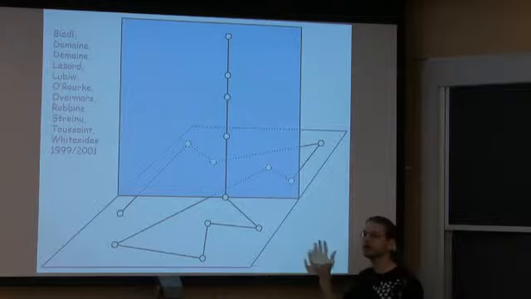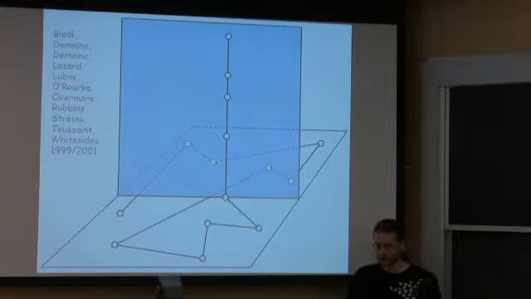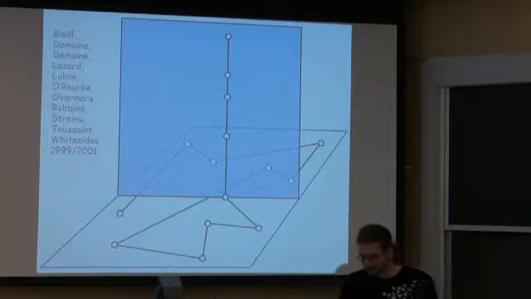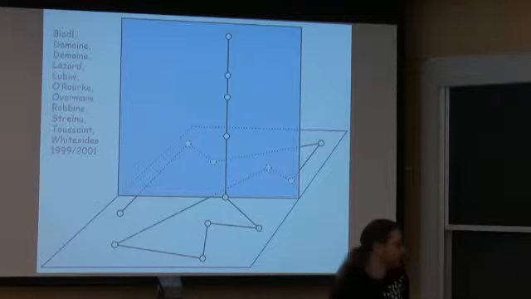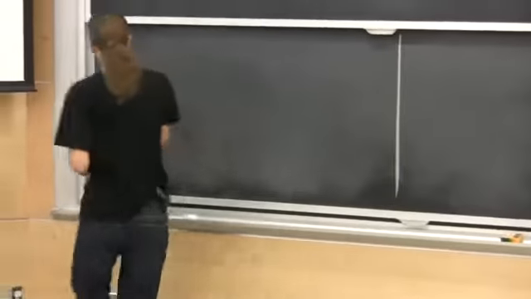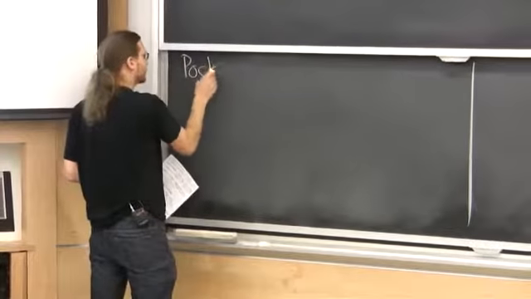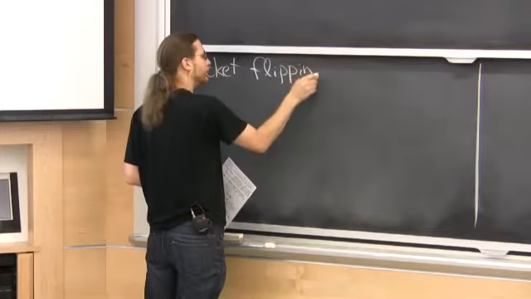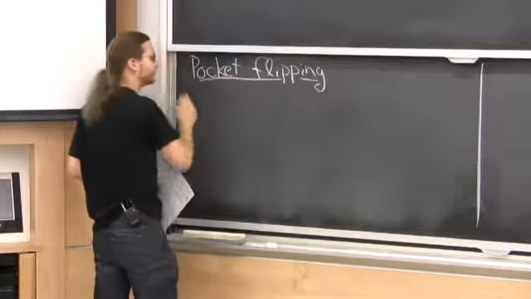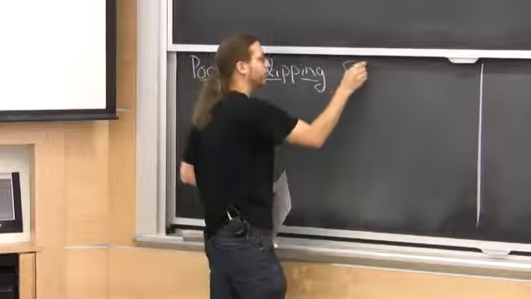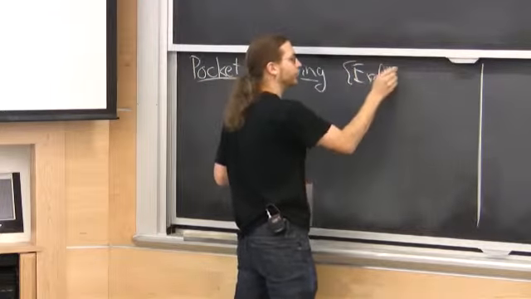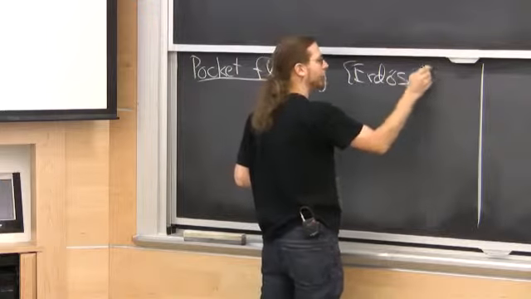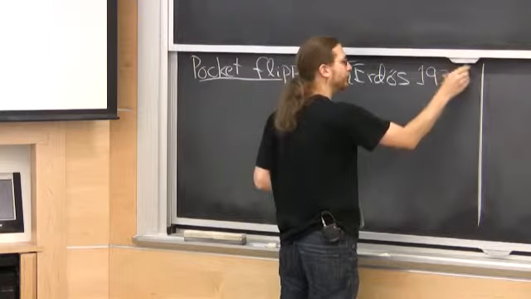But what about closed chains? Closed chains are a little bit trickier, and this leads to pocket flipping. So pocket flipping's introduced by Paul Erdős, 1935.